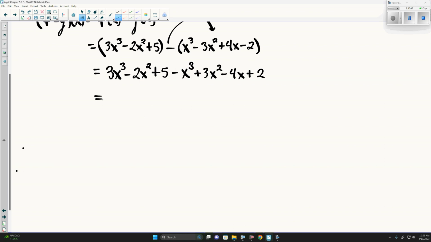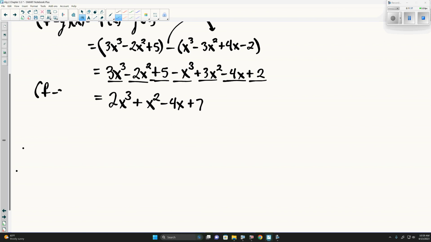And then we would combine like terms. So our 3x cubed minus x cubed is 2x cubed. Our negative 2x squared plus 3x squared is plus x squared. We don't have an x term in the first, so we just put negative 4x. And last but not least, 5 plus 2 is plus 7.